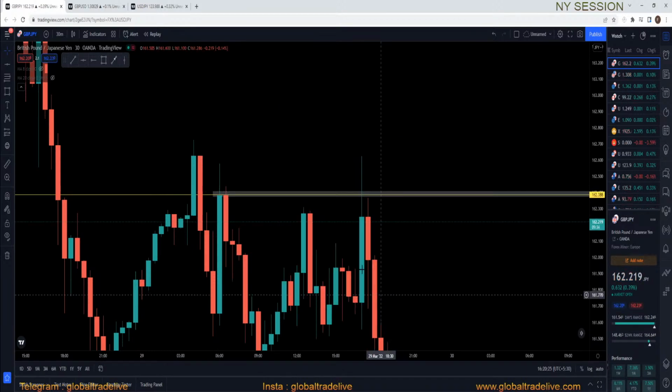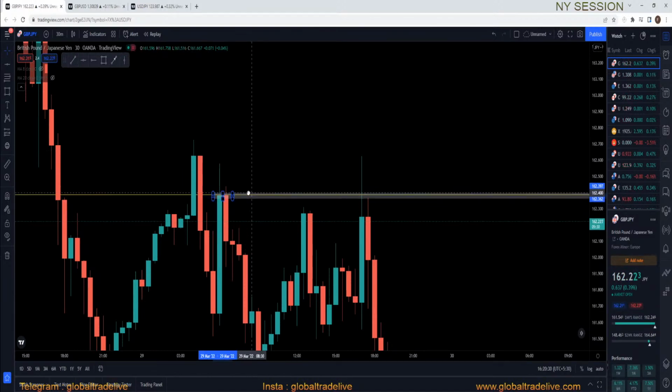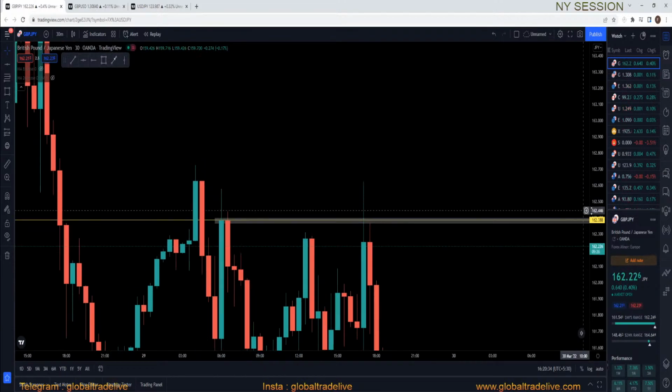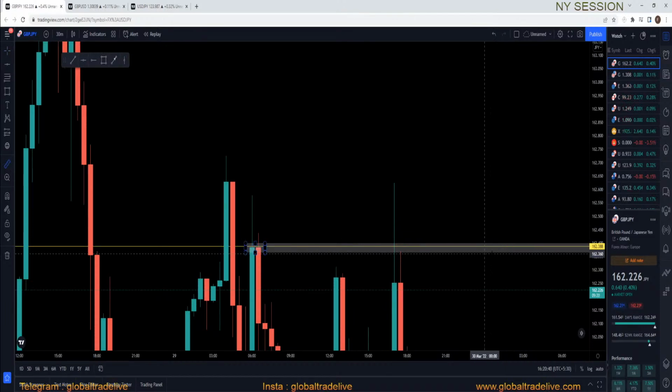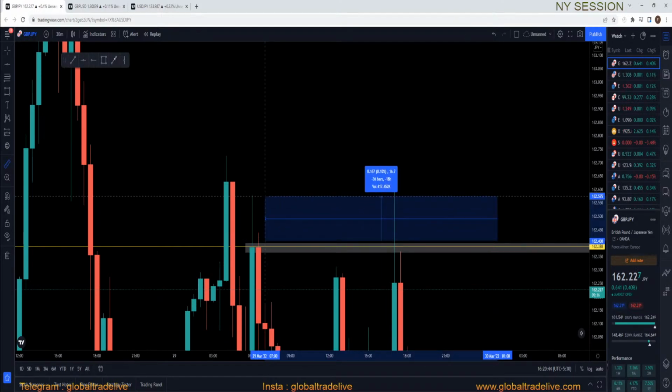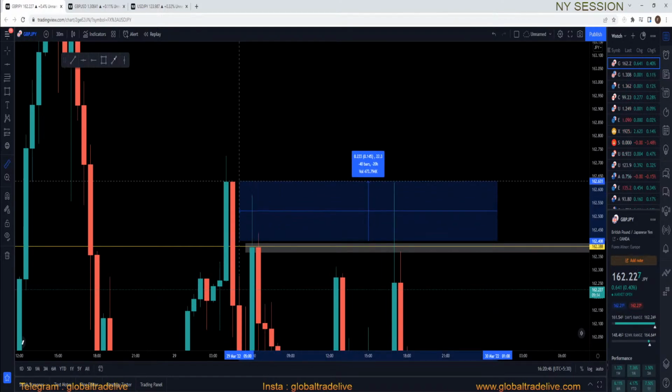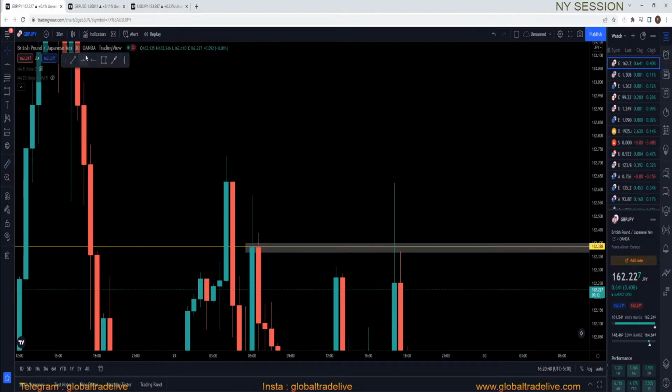Like, I want to see how this area looks in the 15 minutes as well. Yeah, this makes sense. If we just zoom in a little bit, then above this, if we have a candle close above this area, the market can move up like 16 pips first, and then it can go up like 22 pips.